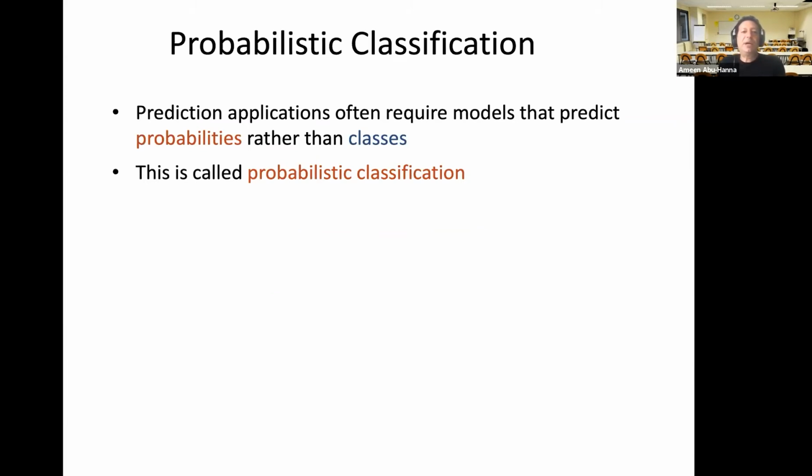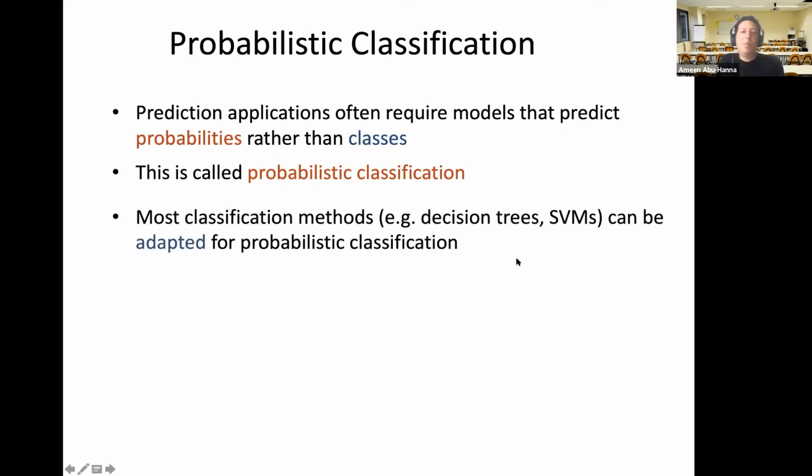So we're talking about applications or models that predict the probability of a class, because most applications, as we will see, will require models that predict the probability of an outcome rather than a 0-1 outcome. And this is called probabilistic classification. The good news is that if you do decision trees or support vector machines or other models, it's quite easy to translate their outcome into a probability.